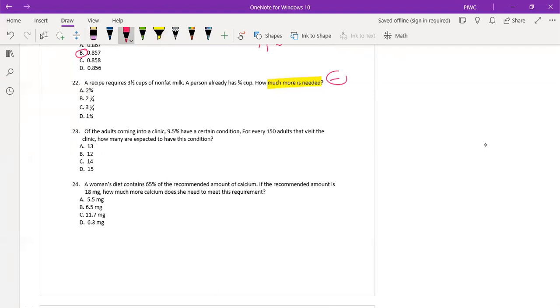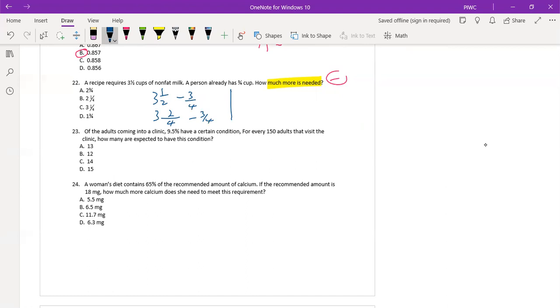Okay. So I have 3.5. That's what you require. And the person already has 3/4. So you subtract this. Fractions, subtraction, LCD. So you have to write 3 1/2 with an LCD of 4. This is times 2, so it should be 2/4 minus 3/4. 2 minus 3 is going to give a negative number, but we can borrow from the whole number.